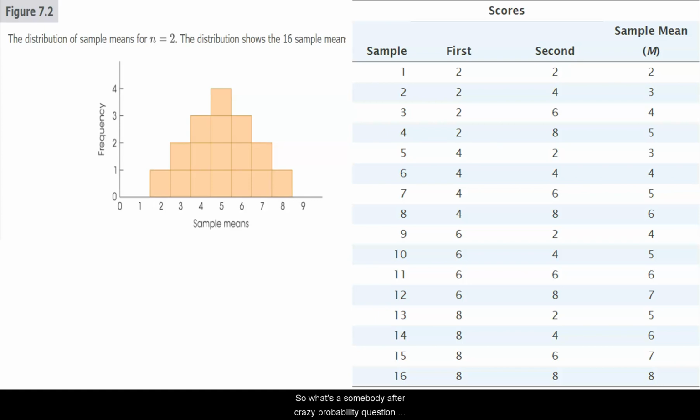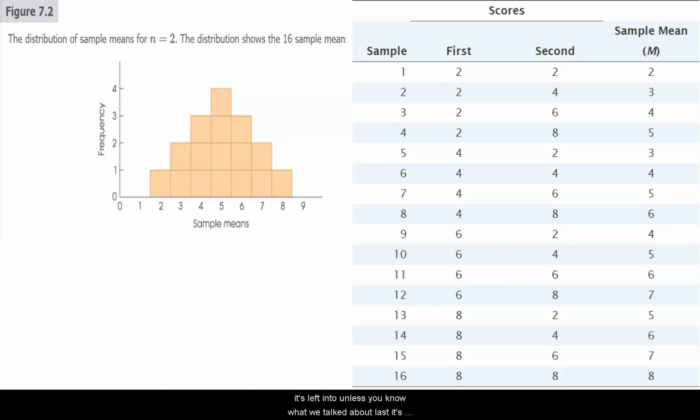So let's say somebody asked a crazy probability question. They can ask this nutty question. What's the probability of drawing a sample mean with a sample of 2 that was less than 7.5? Just look at the graph. As you can see, it's the great majority.